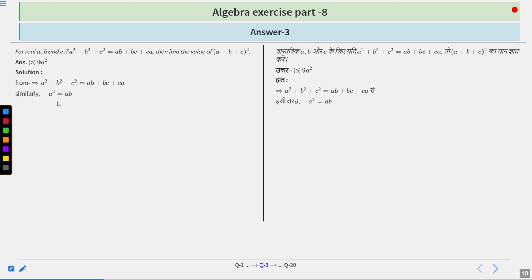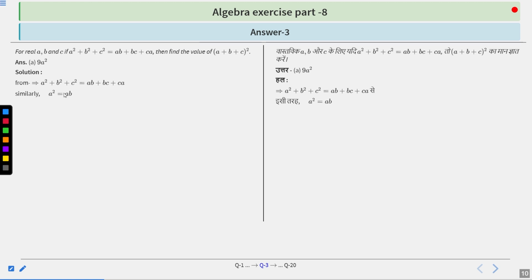we can do the similarity, and according to that, a², the first term of the left hand side, can be equal to the first term of the right hand side, because here the power is 2 and here the variables a and b, a has power 1, b has power 1, so the combined power is also 2.